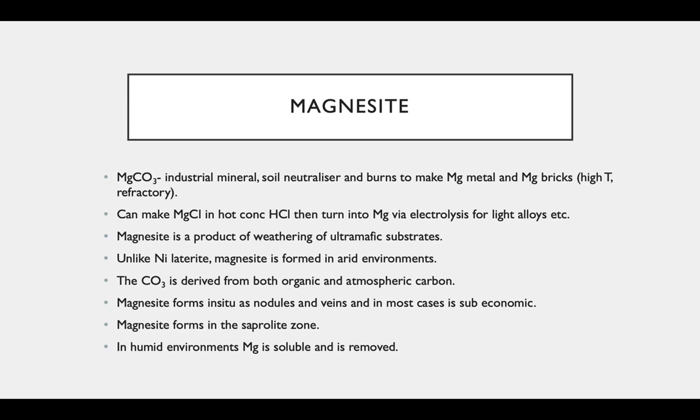And it's worth noting that this is a method that people perceive can be used as a carbon sequestration method. If we go to these ultramafic complexes and we can actually pump CO2 into them, we can form magnesite and capture carbon.